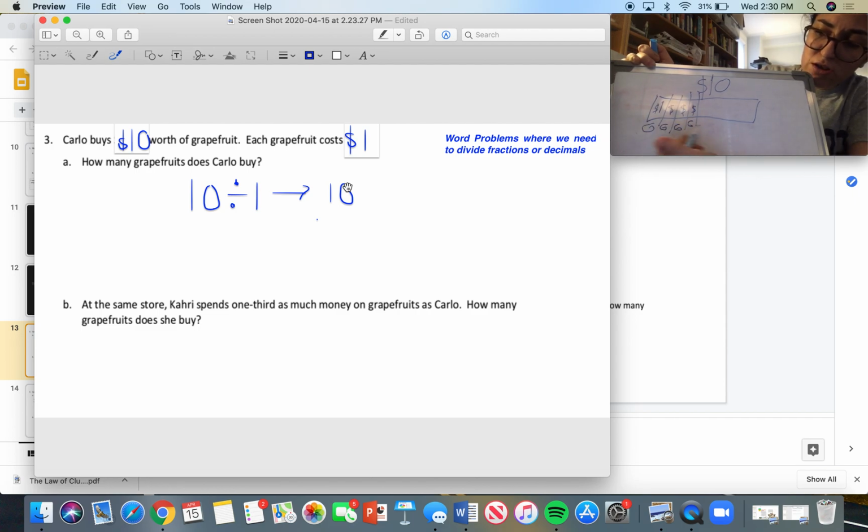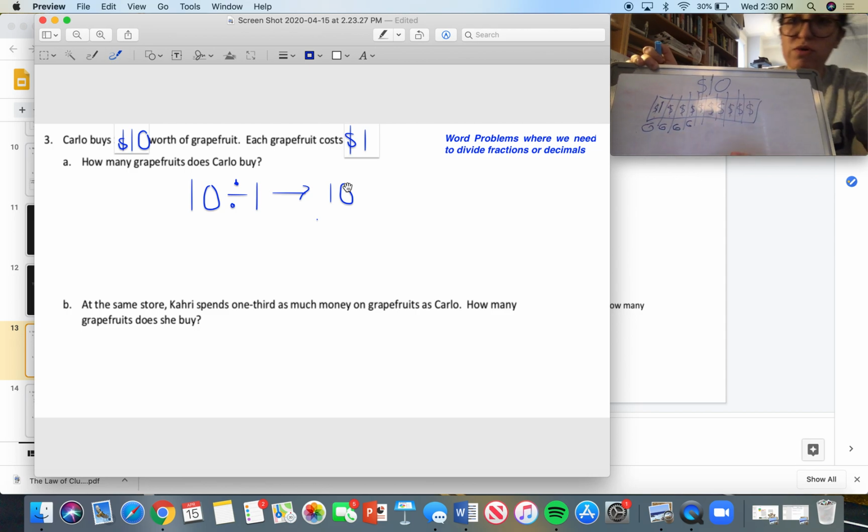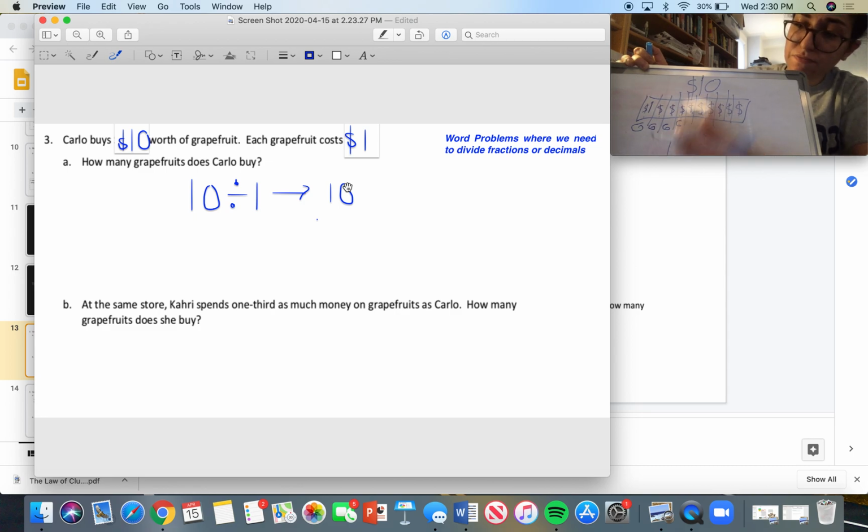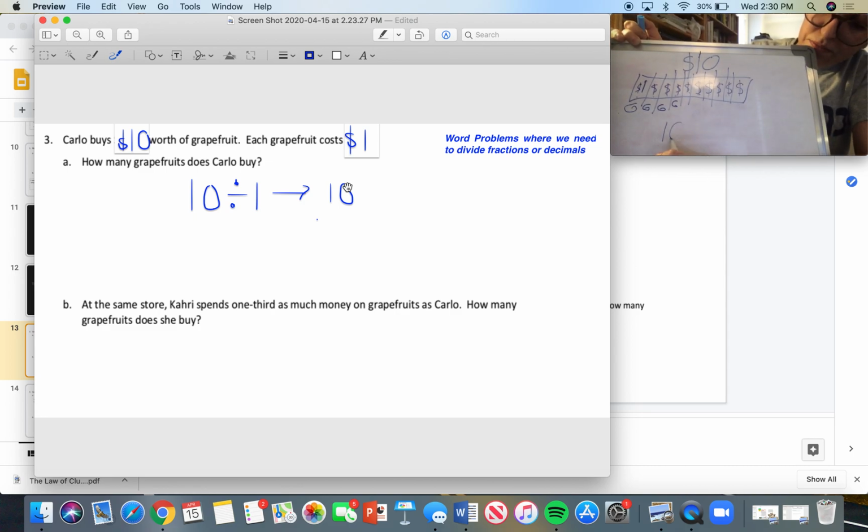So if you go all the way through, 1, 2, 3, 4, 5, 6, 7, 8, 9, and 10. How many grapefruits did he buy in the end? 1, 2, 3, 4, 5, 6, 7, 8, 9, 10. And so what I'm doing here is I am taking 10 and splitting it up into groups of 1, and I will end up with 10 groups.